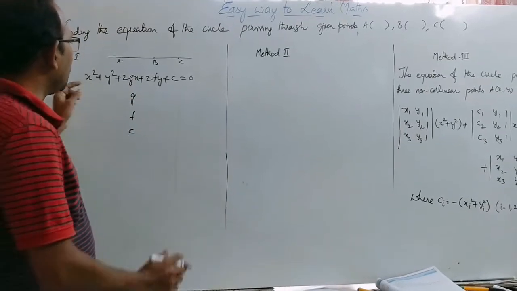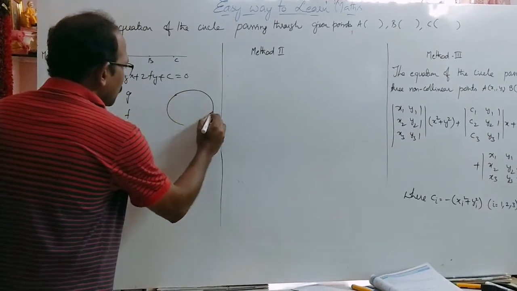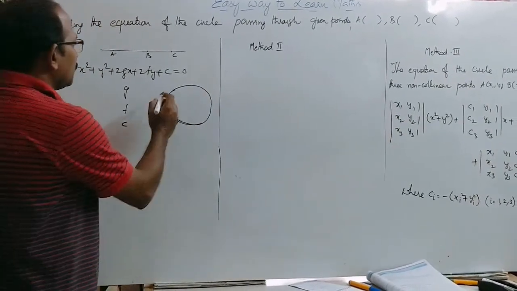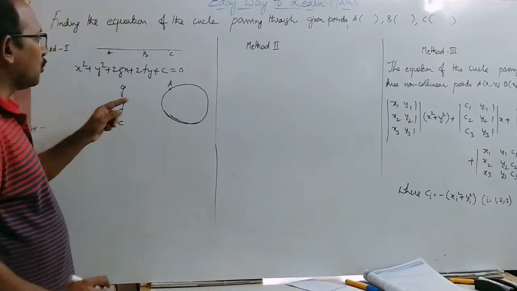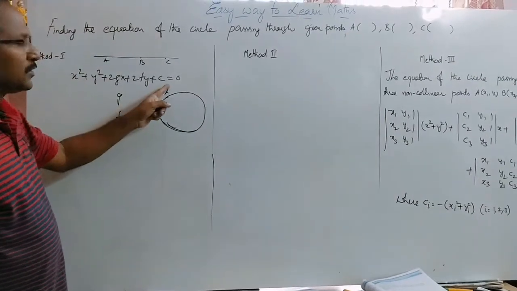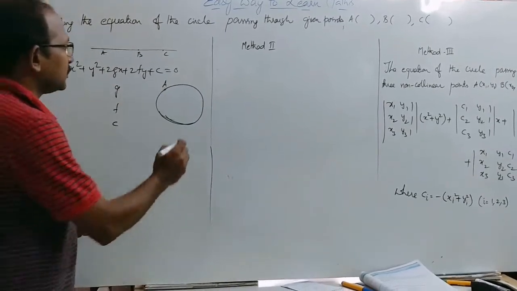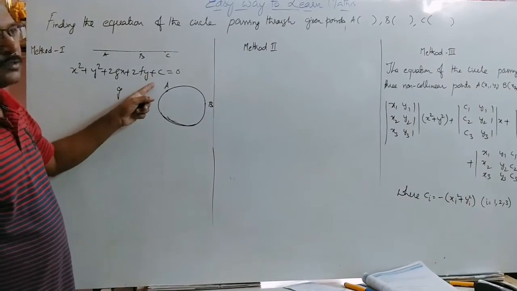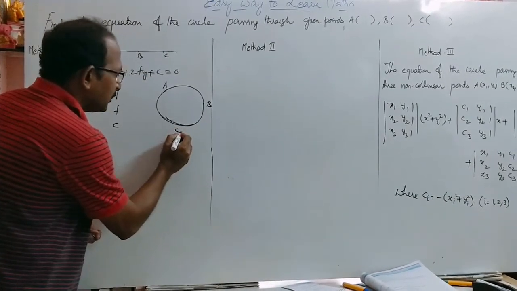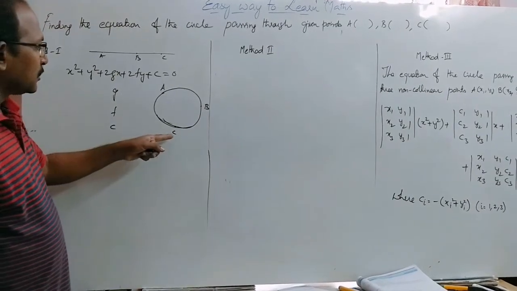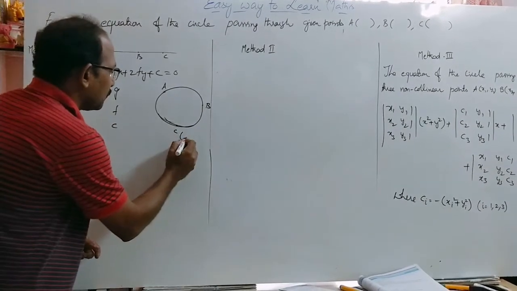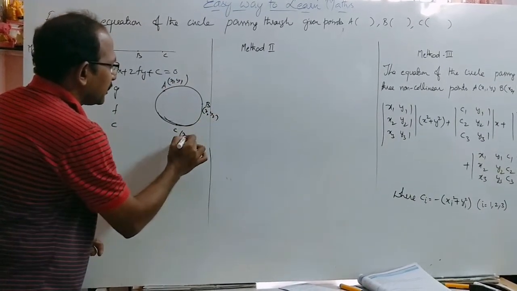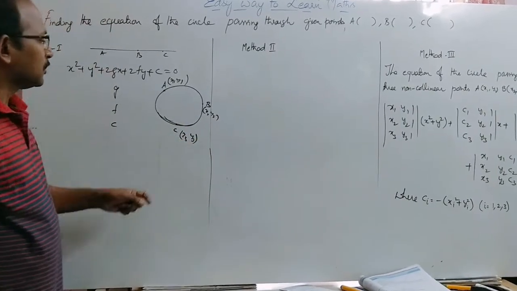For this, first of all, let the equation of the required circle be x square plus y square plus 2gx plus 2fy plus c is equal to 0. If it is passing through the first point A, you just have to substitute this point in this equation of the circle. It is also passing through the point B, so substitute the point B also in this equation, and it is also passing through the point C. That means x1 y1, x2 y2 and x3 y3.